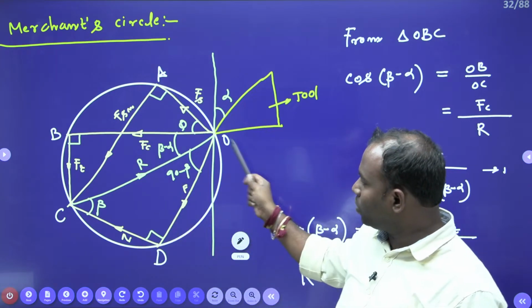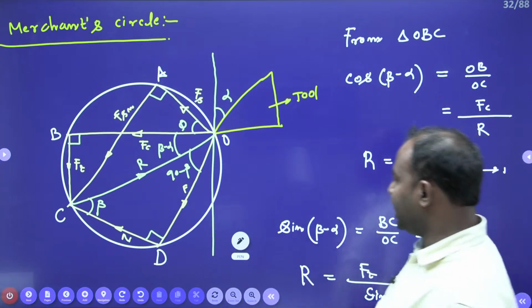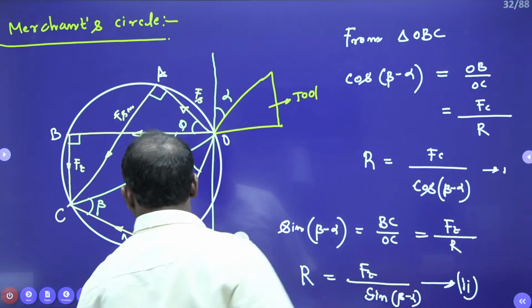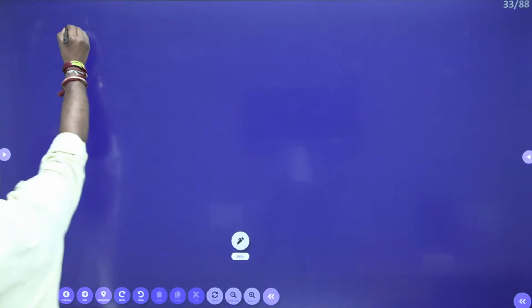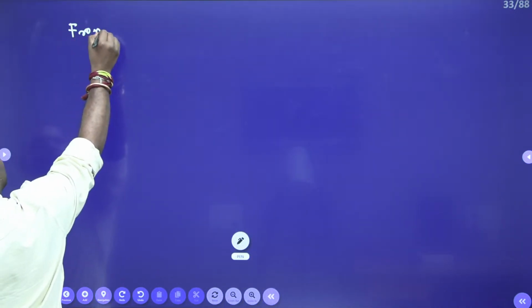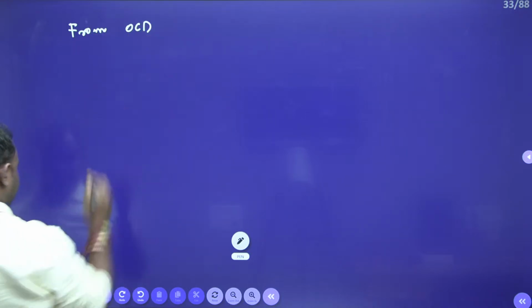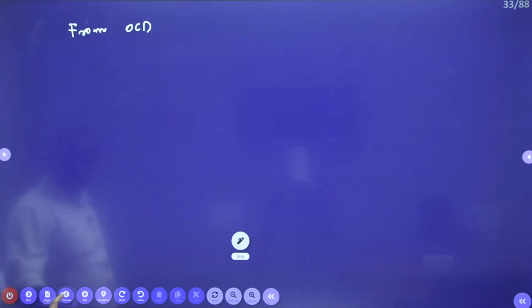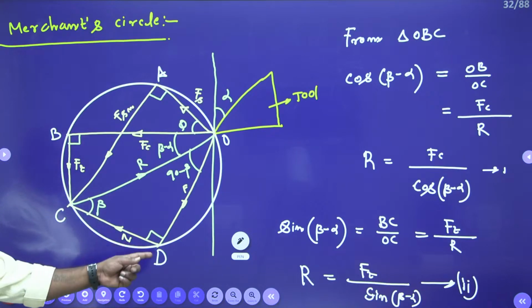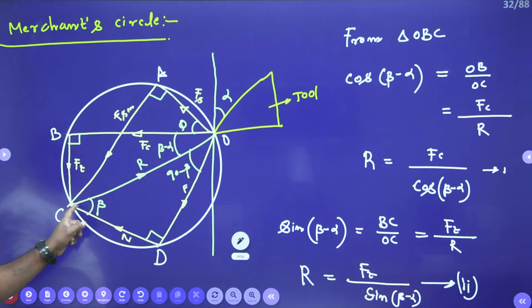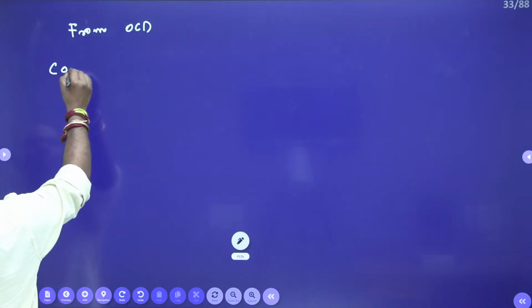Similarly, you take the OCD triangle. So from triangle OCD, now similarly, you take cos of beta and sin of beta. Okay, right. Now cos beta we will take first.